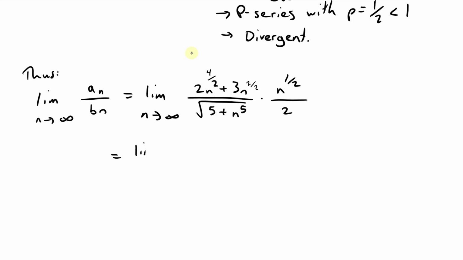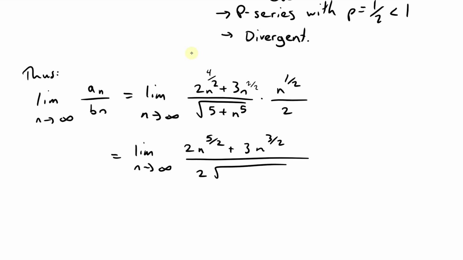So what we end up having is the limit as n approaches infinity of 2n to the 5 over 2, and then plus 3n to the 3 over 2, like that. This is all divided by, putting the 2 in front, 2 square root of 5 plus n to the 5.